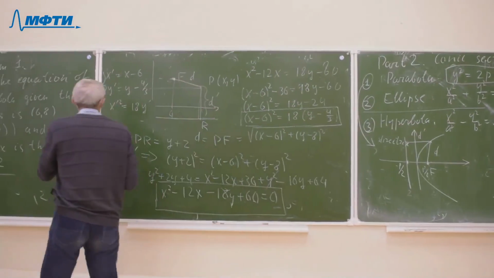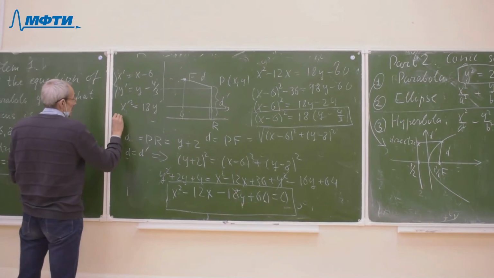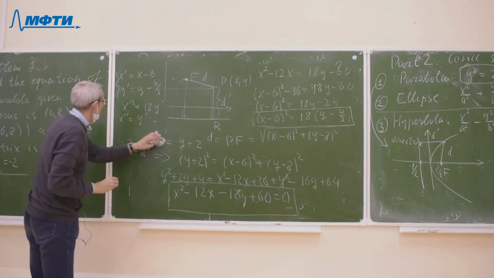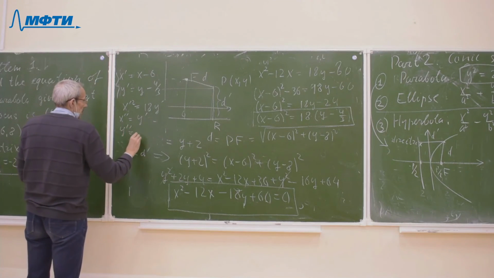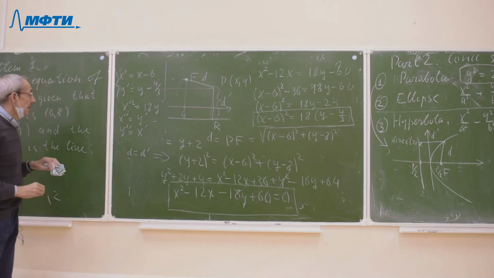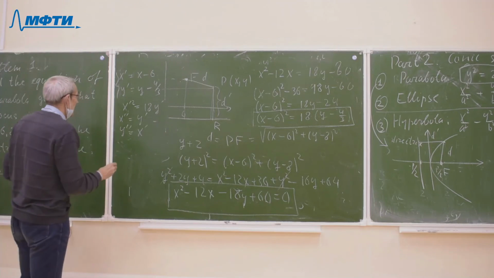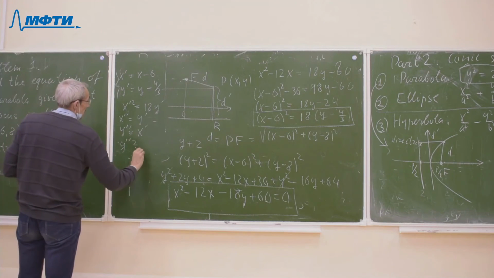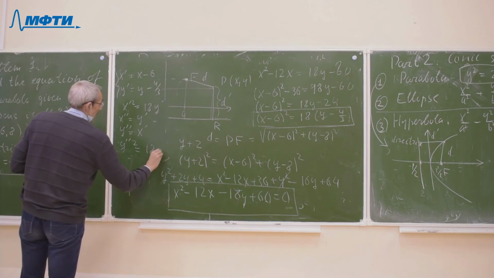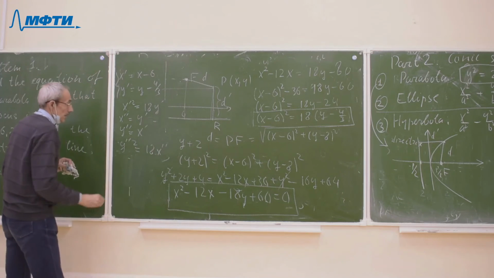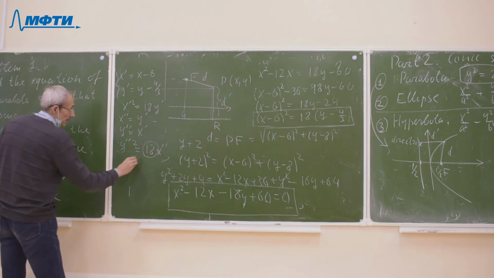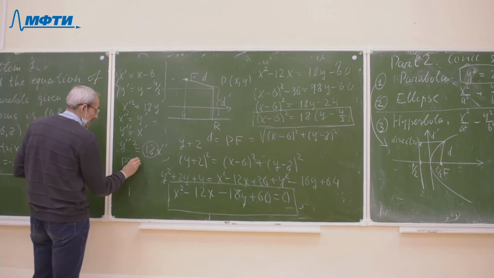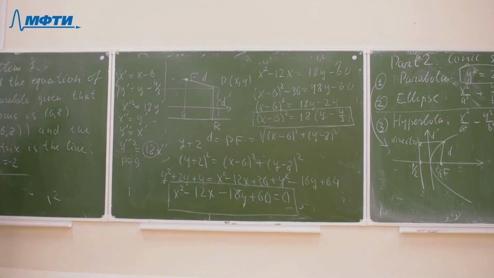If we change the coordinate axes, x2 prime is equal y prime, y2 prime is equal x prime, we obtain the following equation: x2 prime square is equal 2p times y2 prime, and the parameter p in this case is equal 10.